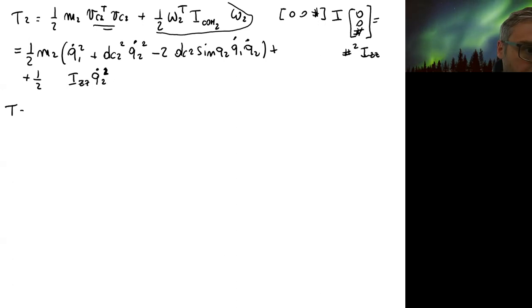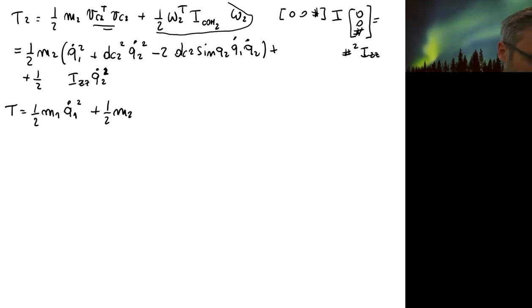And if we put everything together, we also add the previous link. So M1P1 squared plus we write all this.